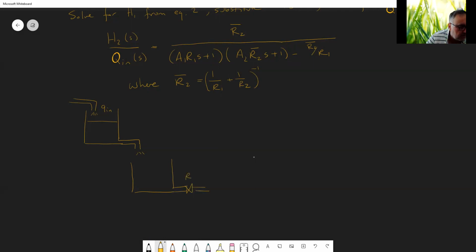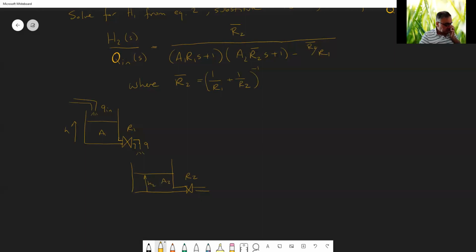Let's say this is R, this is Q. We have to put a resistance here. This is R1, this is R2. So this is H1. This is A1, this is H2, A2.